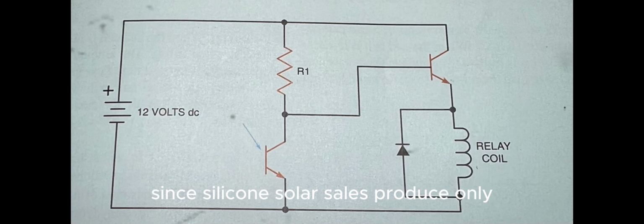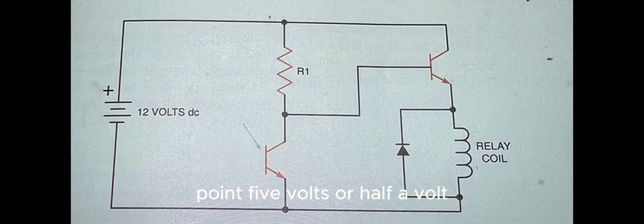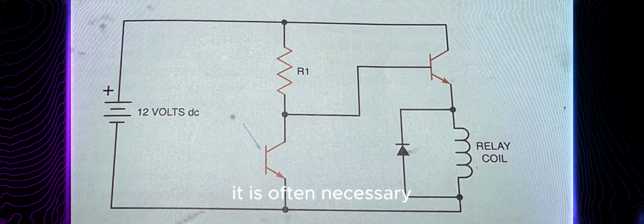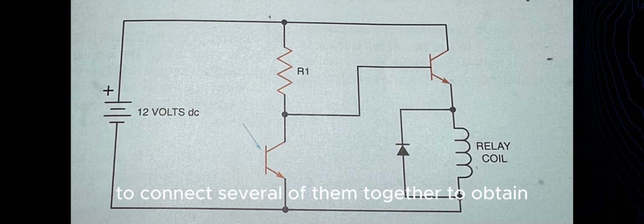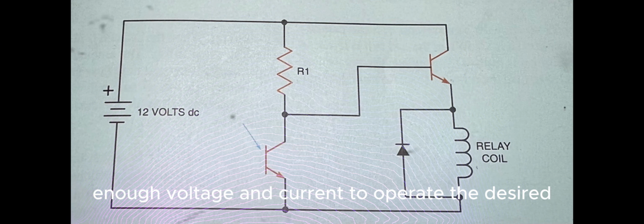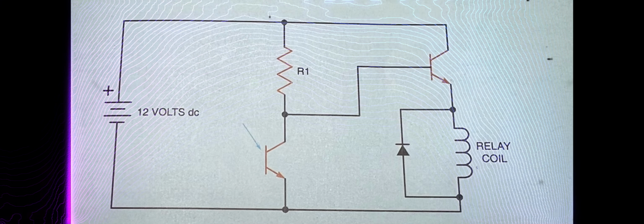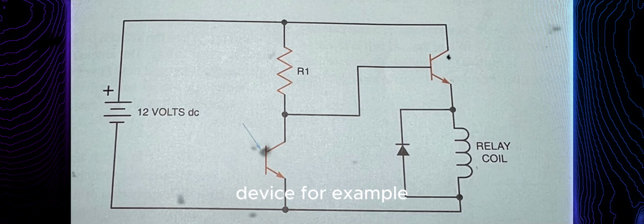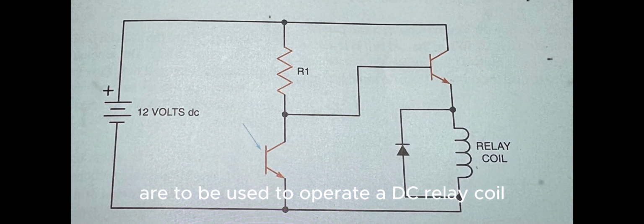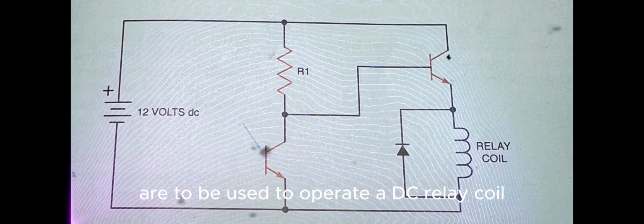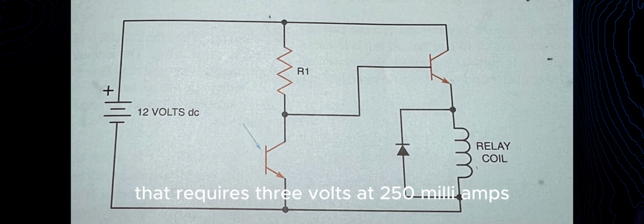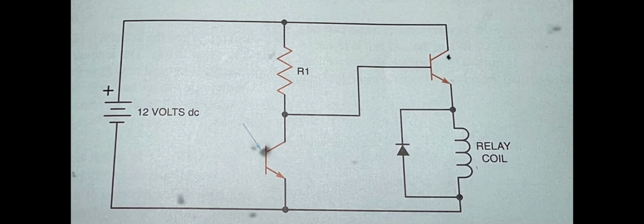Since silicon solar cells produce only 0.5 volts, or half a volt, it is often necessary to connect several of them together to obtain enough voltage and current to operate the desired device. For example, assume that solar cells are to be used to operate a DC relay coil that requires 3 volts at 250 milliamps.